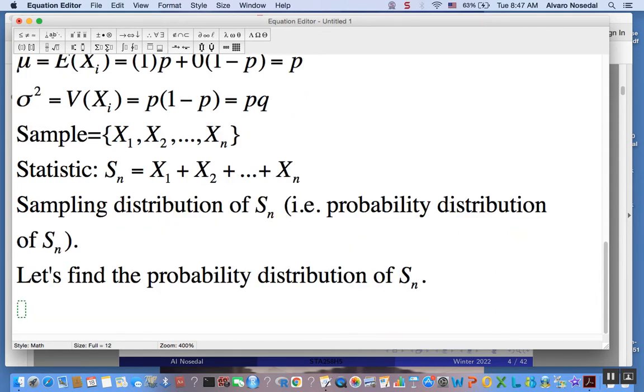So let me compute the MGF of Sn. First, by definition, the MGF of Sn is going to be the expected value of e to the power t times Sn.